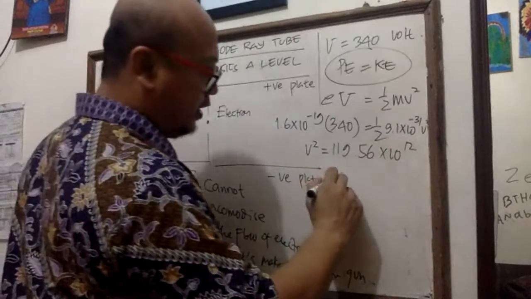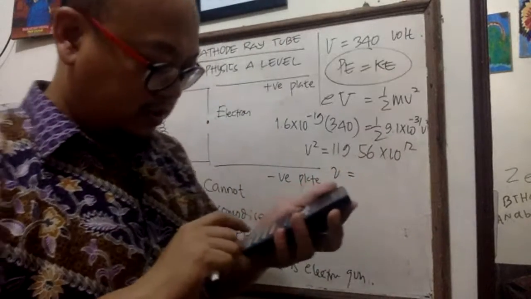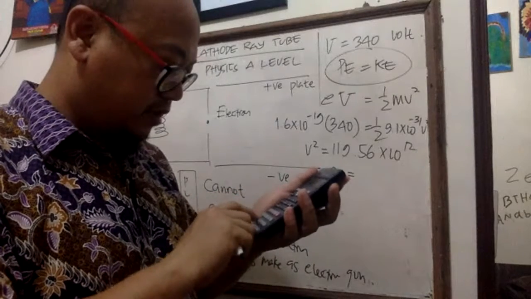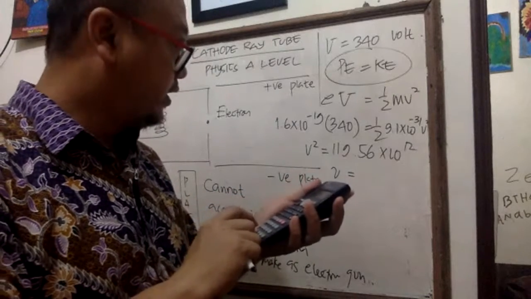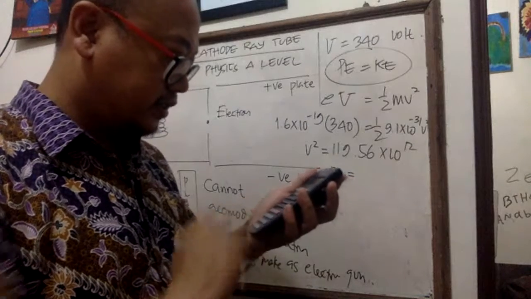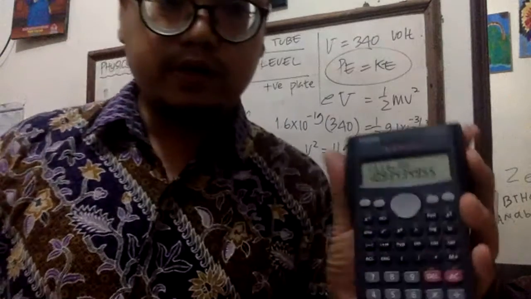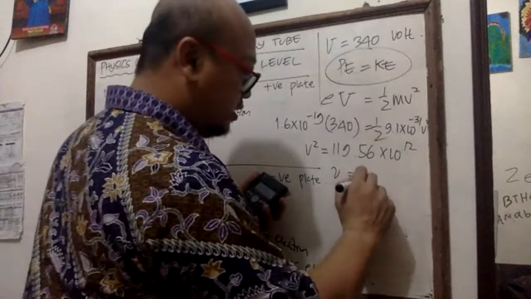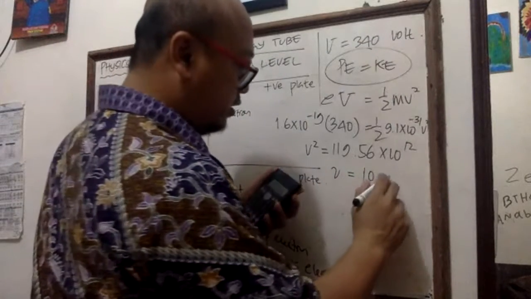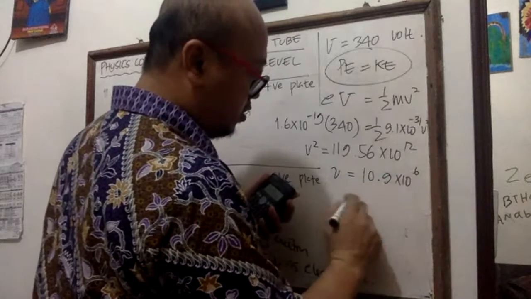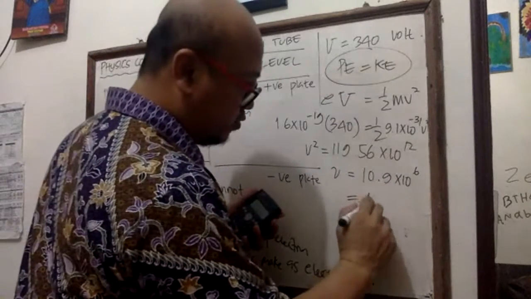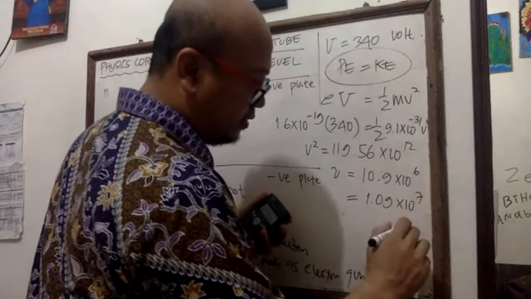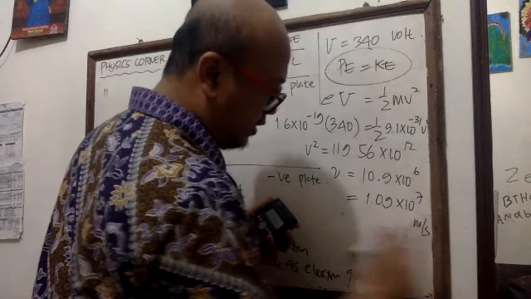So v equals the root of 119.56 times 10 to the power 12, which is 10.9 times 10 to the power 6, or we can say 1.09 times 10 to the power 7 meters per second.